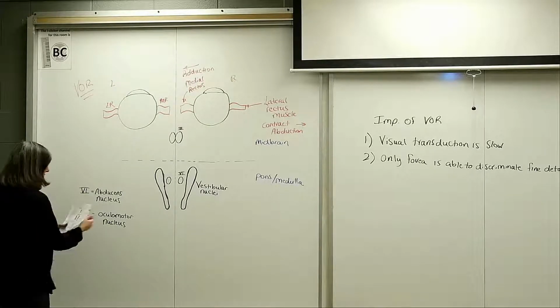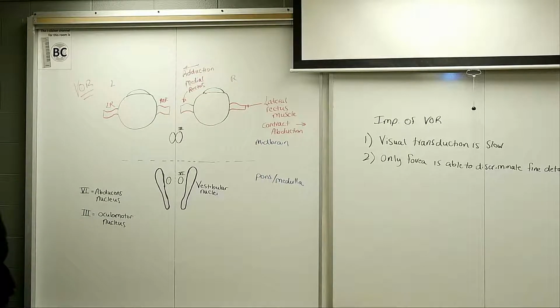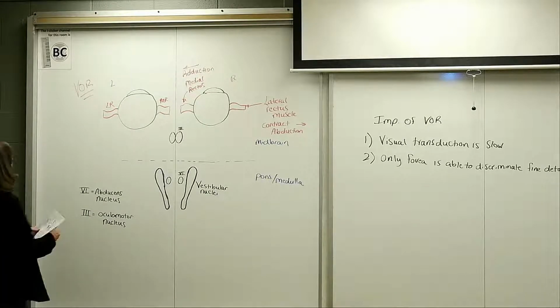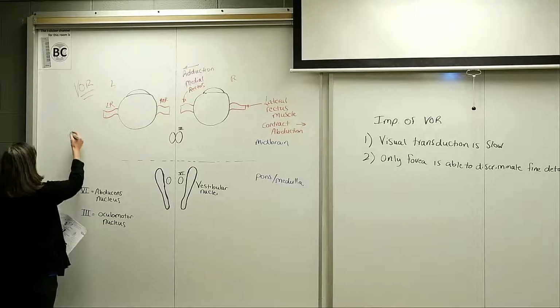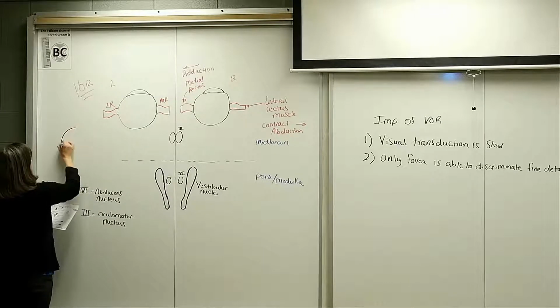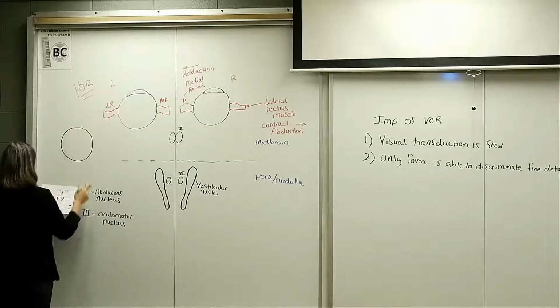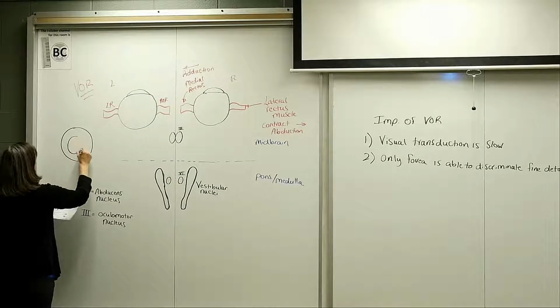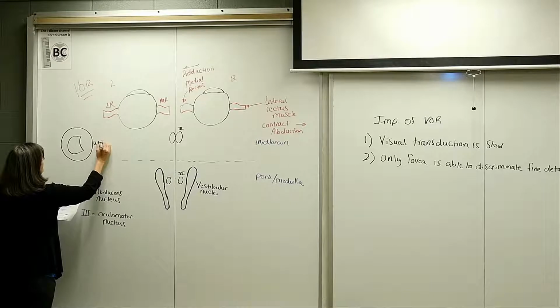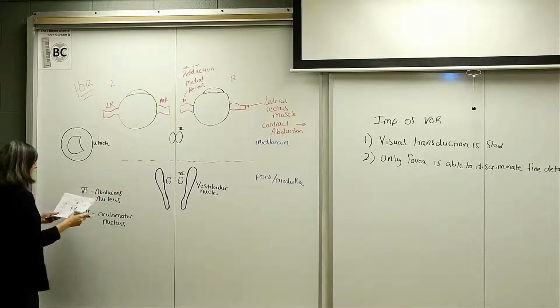One thing I haven't drawn yet, because I forgot, is our semicircular canal. So let's draw just a really simple depiction of a horizontal semicircular canal. The utricle would be towards the midline, as we've already learned.